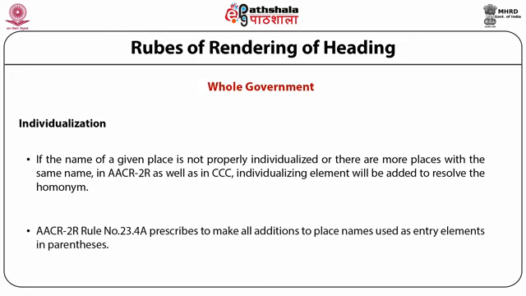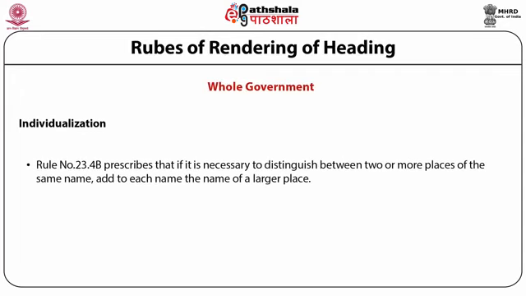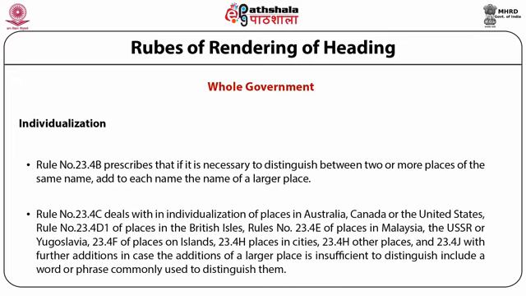AACR 2R rule number 23.4A prescribes to make all additions to place names used as entry element in parentheses. Rule number 23.4B prescribes that if it is necessary to distinguish between two or more places of the same name, add to each name the name of a larger place. Rule number 23.4C deals with the individualization of places in Australia, Canada, or the United States.